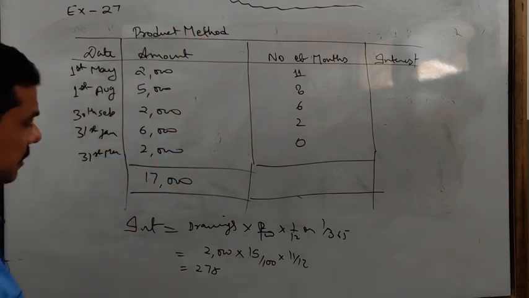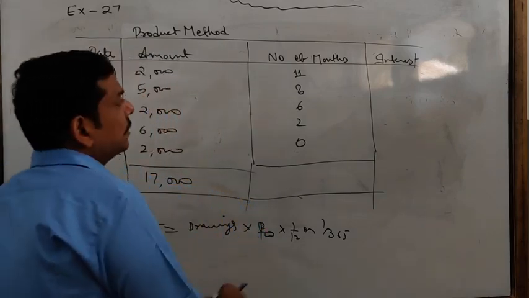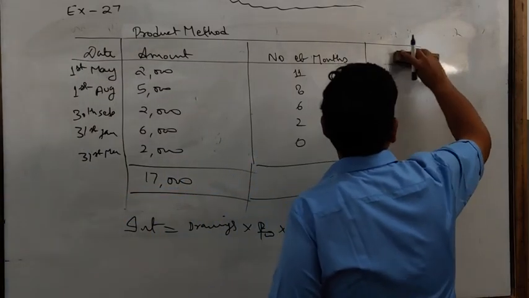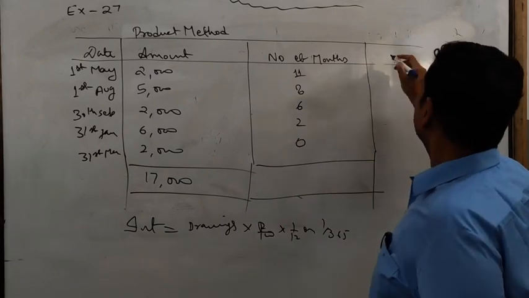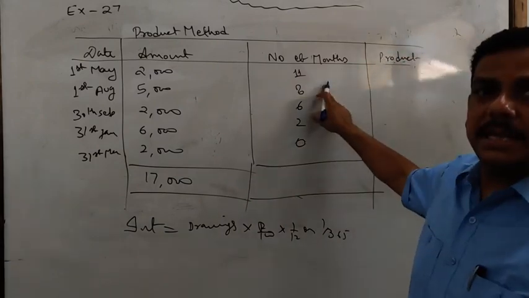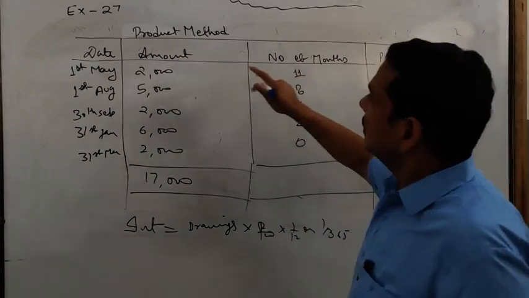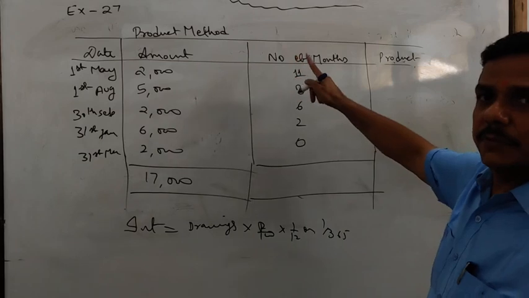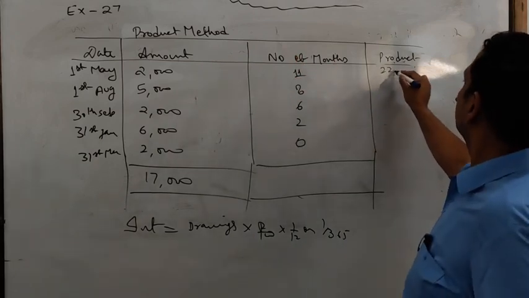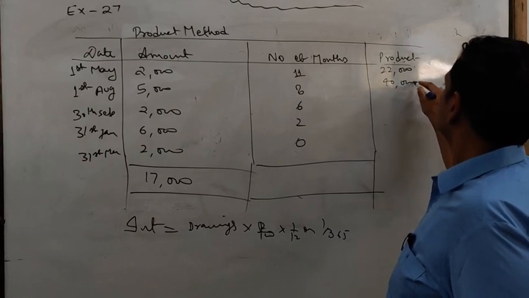Now in product method, what we have to do? We have to find out the product. How product will be found? Amount withdrawn is multiplied by the number of months money remain outside the business. So see, 2000 is withdrawn on 1st of May. This means money remain outside for 11 months. So product is 22,000. Then 40,000.